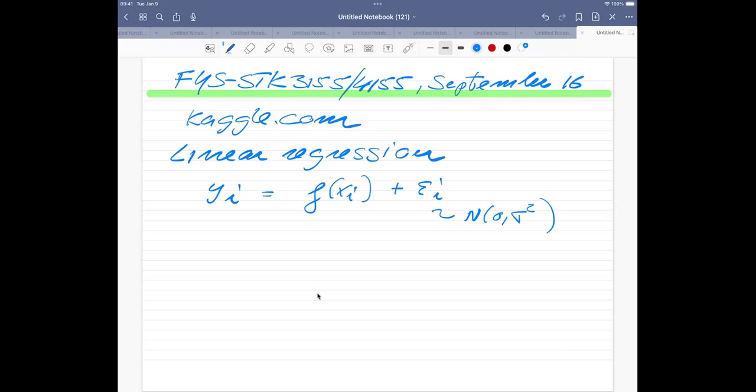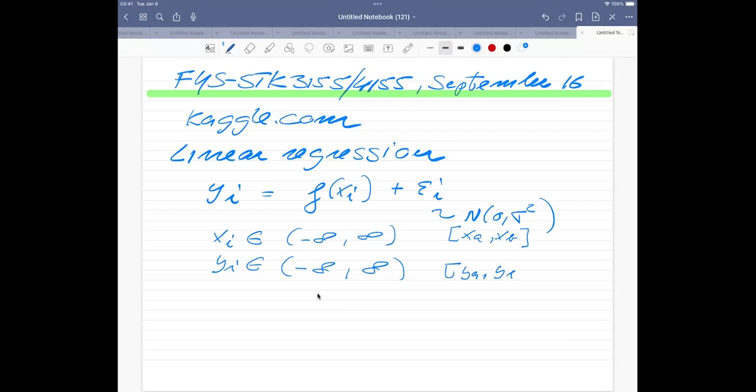In principle, if we don't put any constraints, the x's could run from -infinity to +infinity. But normally we have a data set which is constrained by a specific domain. So typically we have x running from x_A up to some x_B, and then y from some y_A to some y_B.